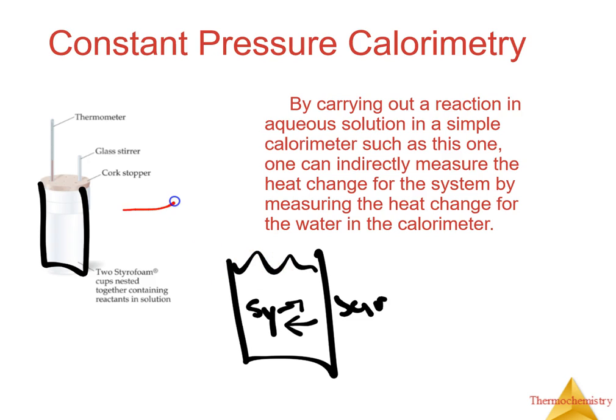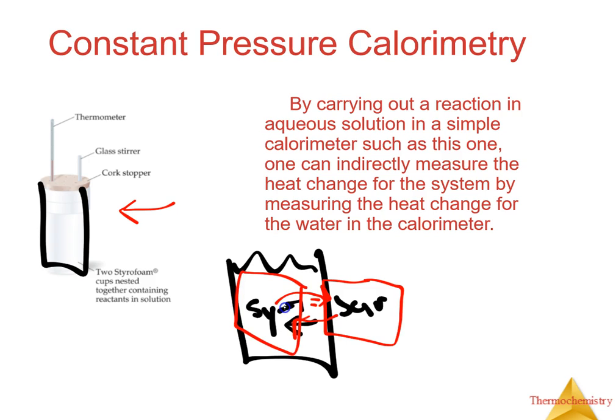Okay. Typically, the book, I sure can. When the system loses energy, it will be absorbed by the surroundings, or vice versa. The surroundings might lose energy and the system absorbs it. Now, it's an equal exchange, so I can measure the change in the surroundings and it will tell me the change in the system.